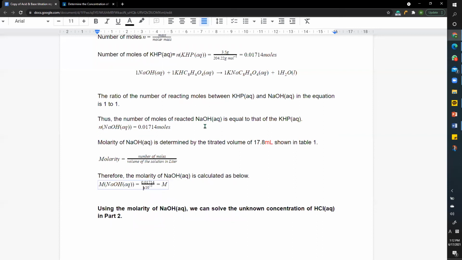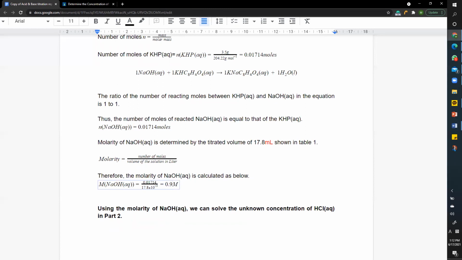And then, since the volume of the NaOH is used in milliliter, and the molarity uses the volume of solution in liter, we should multiply by 10 to the power of minus 3. So 17.8 times 10 to the minus 3.